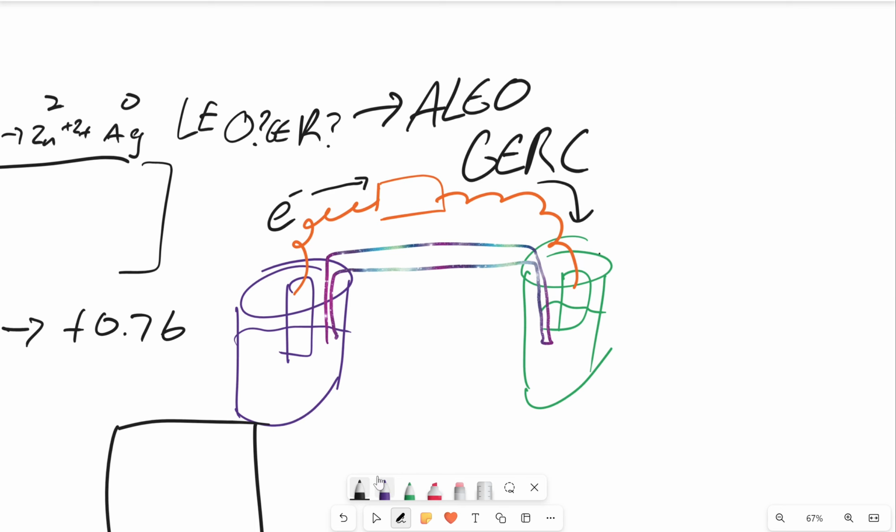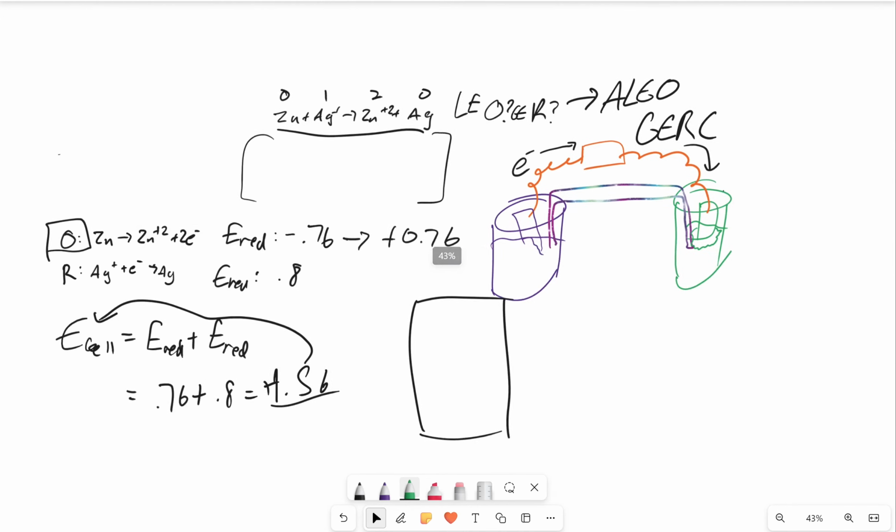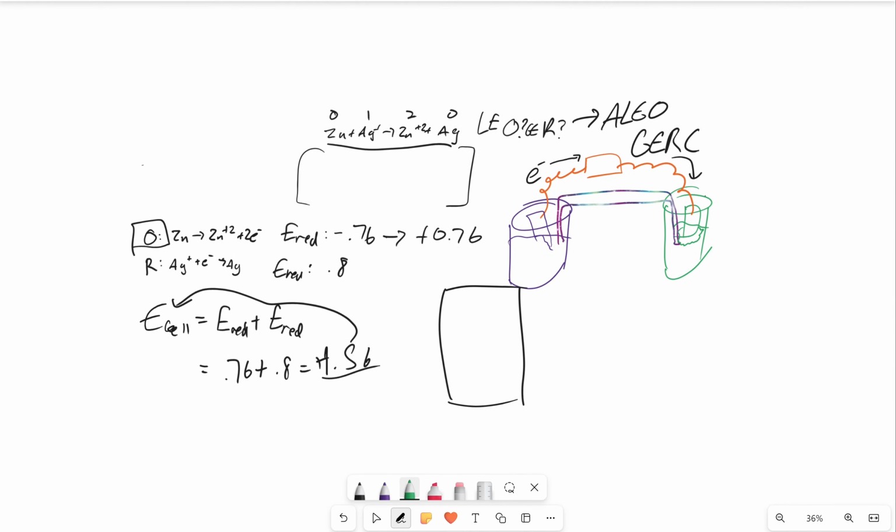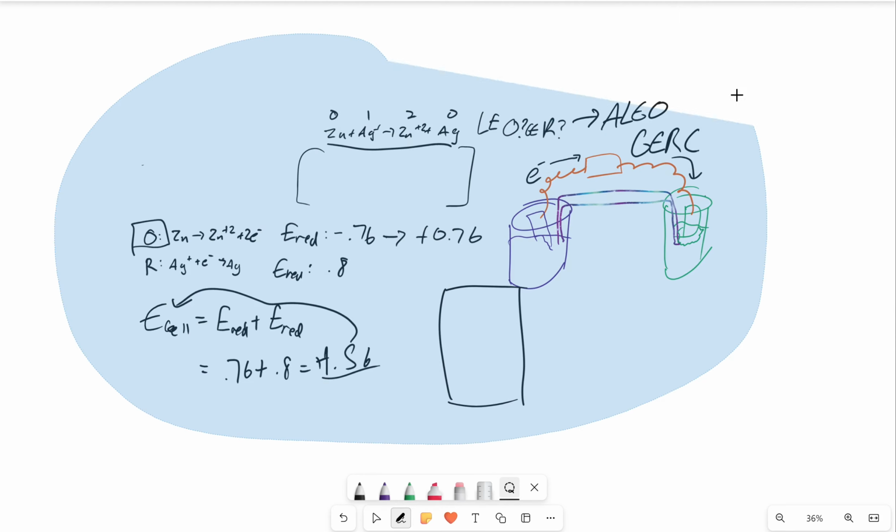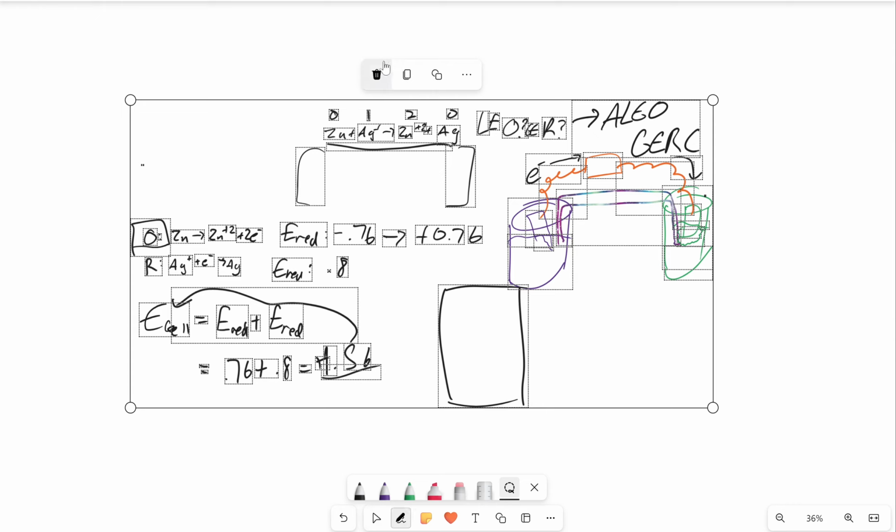And something interesting I thought I would mention is that we're actually going to see our anode start to disappear, and our cathode start gaining mass. Anyways, I do hope that was helpful, and good luck.